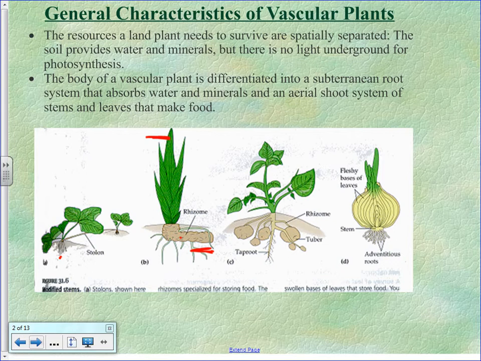Now, if the original plant starts to get stressed for water and minerals, that means that these roots are no longer able to get what the plant needs, it will put out a stolon, which is kind of like a tube, that will grow away from this plant until it encounters some soil that's good. It's got water in it, it's got minerals in it, and it'll plant itself there and it'll start growing roots.